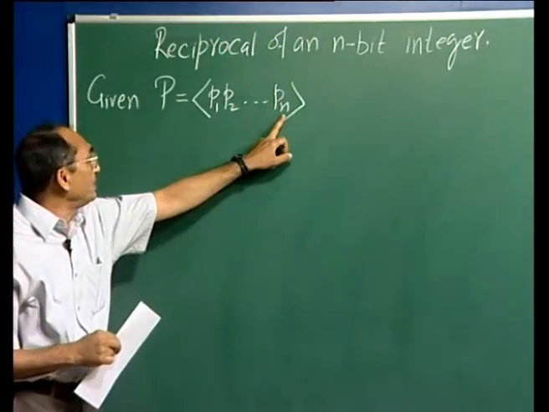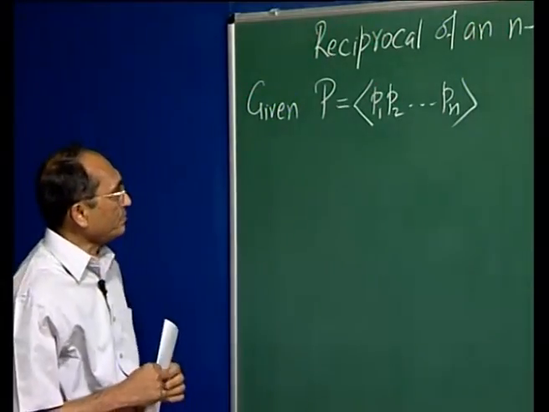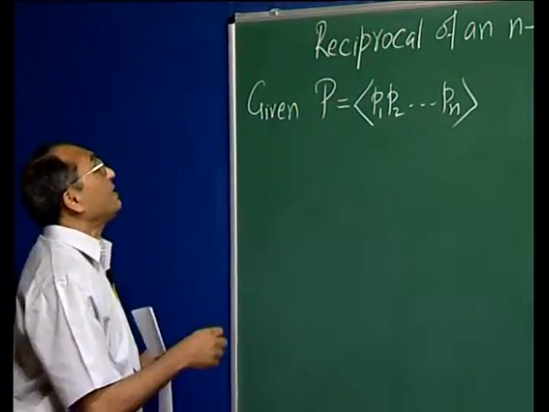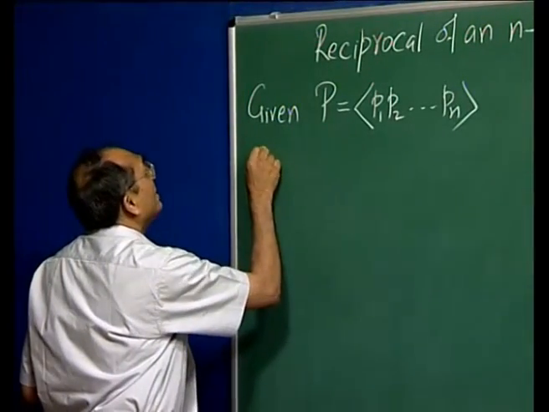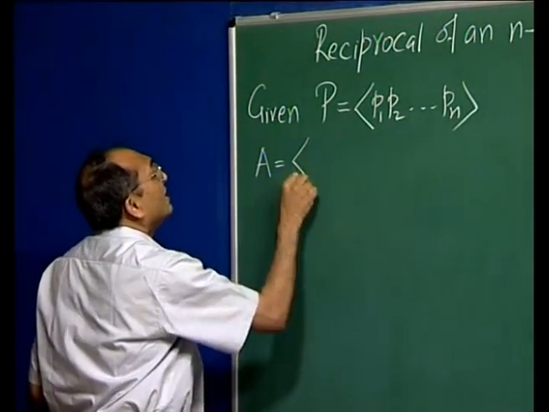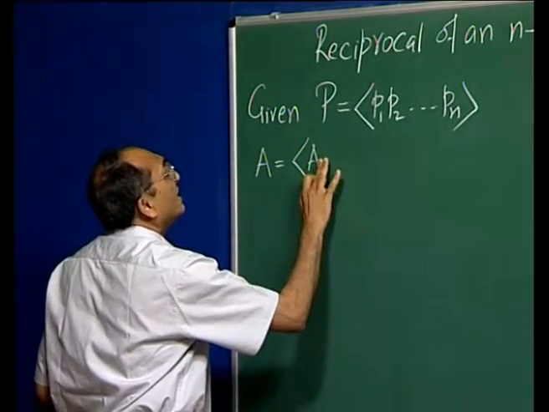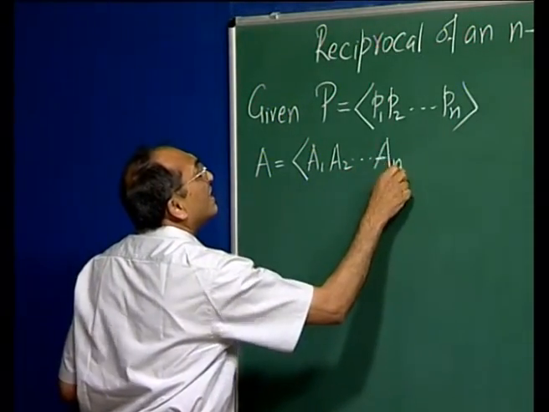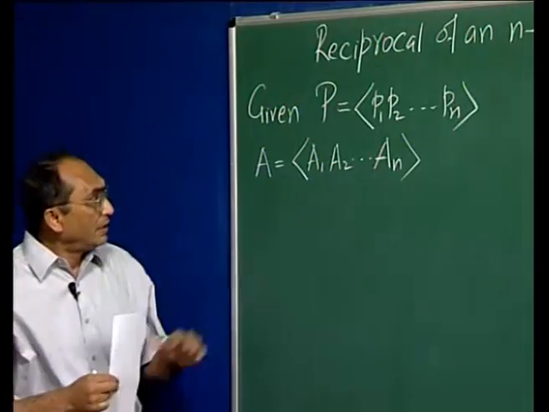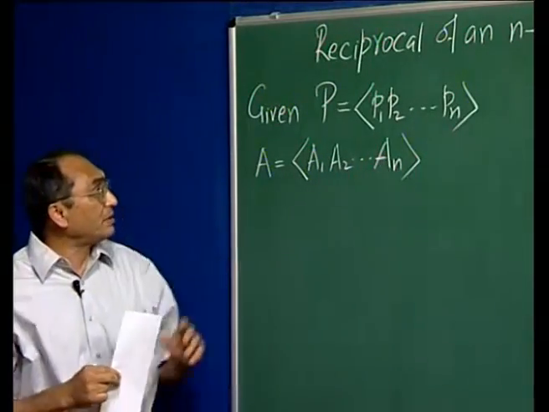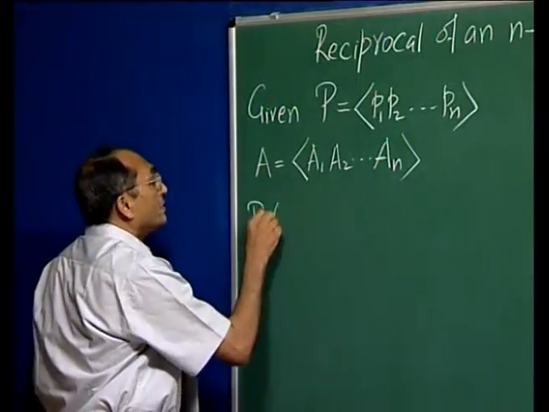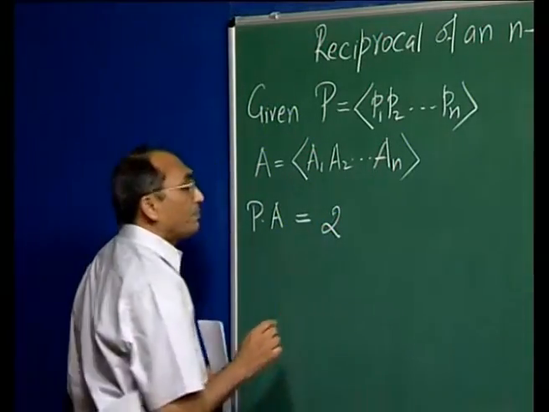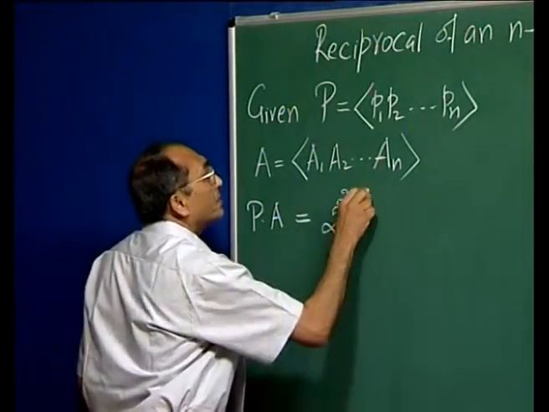So this is the least significant bit, this is the most significant bit, and we would like to compute another n-bit number, say a, such that the product of the two numbers, that is p times a, should be 2 to the power 2n minus 1.